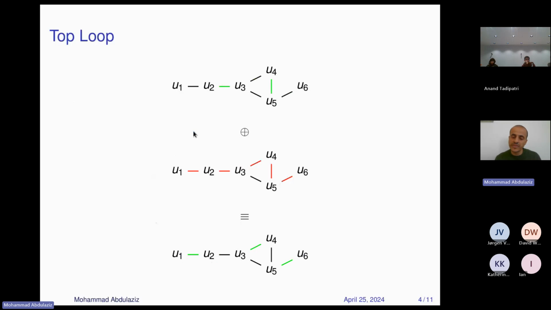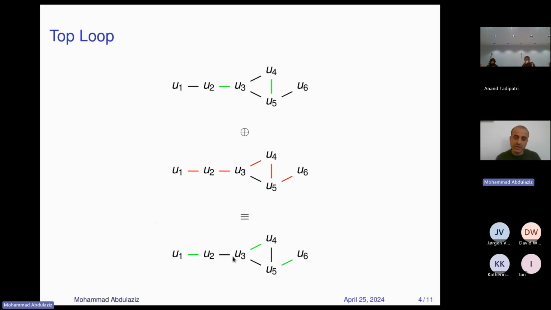The symmetric difference of two sets is basically the set that contains members of the two given sets, such that each member in the symmetric difference only exists in one of the given two sets. So, for example, here this edge is in the symmetric difference because it's only in the augmenting path, but this edge is not in the symmetric difference, it's no longer in the new matching because this edge is in both the augmenting path and the matching. So you compute the symmetric difference between the matching and the augmenting path, and then you get a bigger matching.